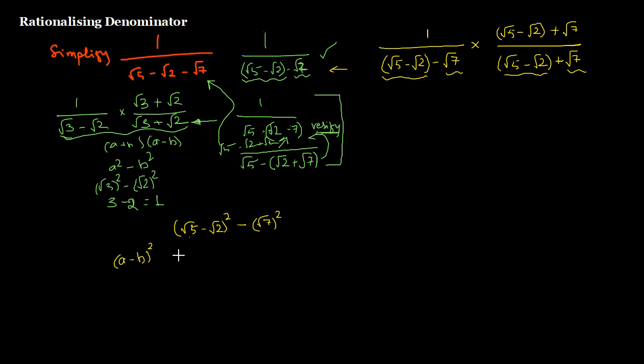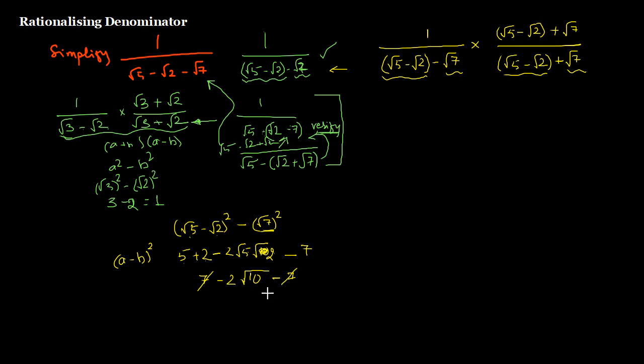So a square, root 5 square is 5, plus b square, root 2 square is 2, minus 2ab, then this root 7 whole square is 7. So what is going to happen? 5 plus 2 is 7, minus 2, 5 into 2 is 10, with the same power here, the index, minus 7.